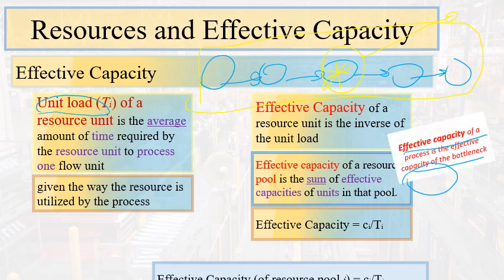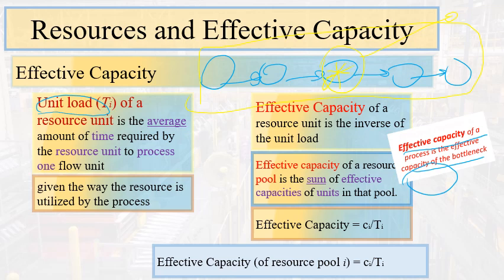Now let's get to the equation, and the equation is this, which is the effective capacity of a resource pool. So we're looking at a resource pool, and it is basically CI, which is the number of units within that resource pool, over TI. And TI here is the unit load.